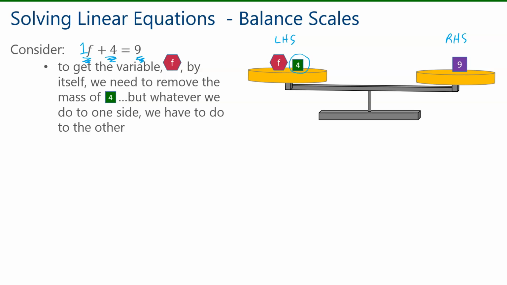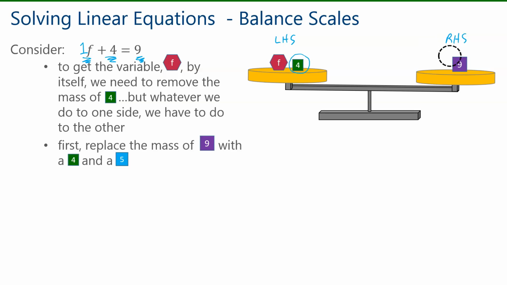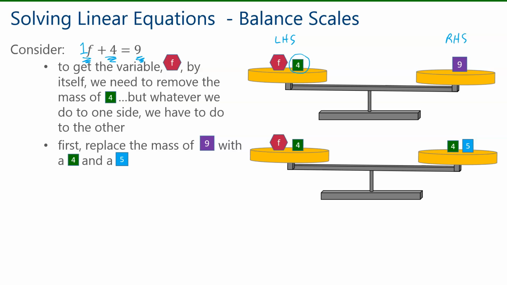So in order for me to be able to remove a mass of 4 from both sides, we have to take that mass of 9 and break it down into a mass of 4 and whatever's left over, which would be a mass of 5, because 4 plus 5 gives us 9. So in this second step here, I've replaced the 9 with a 4 and a 5. Now we can remove a mass of 4 from both sides. Let's do it. There they go.